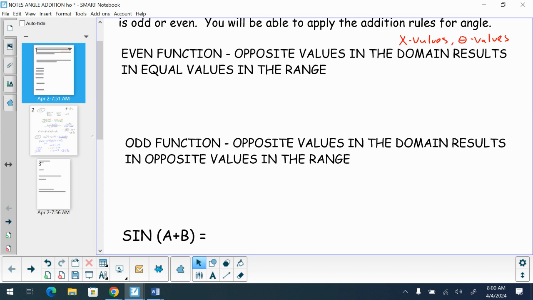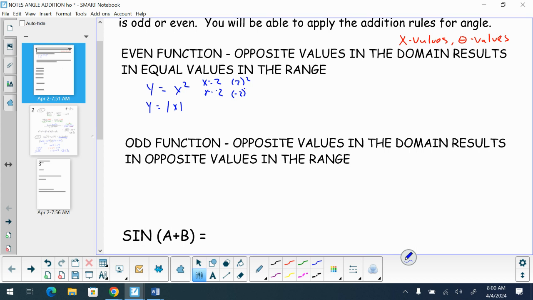But if we just look at examples of an even function, y equals x squared. Y equals absolute value of x. These would be algebraic examples of an even function, because if x is equal to 2, x is equal to negative 2, 2 squared and negative 2 squared will result in a value of 4.